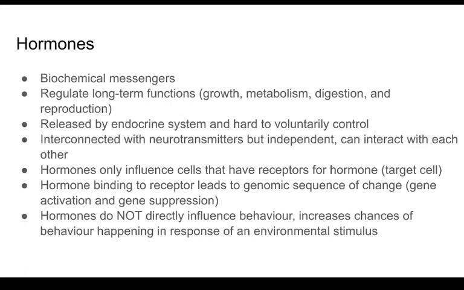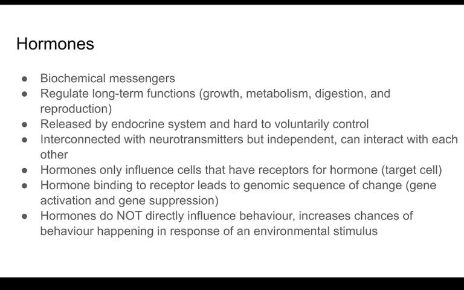Hormones also only influence cells that have receptors for hormones. So the cells in our body that are a target cell for the hormone, they can influence. And the way hormones work is that in that target cell, they bind to the receptor, and this binding causes your genes to change.